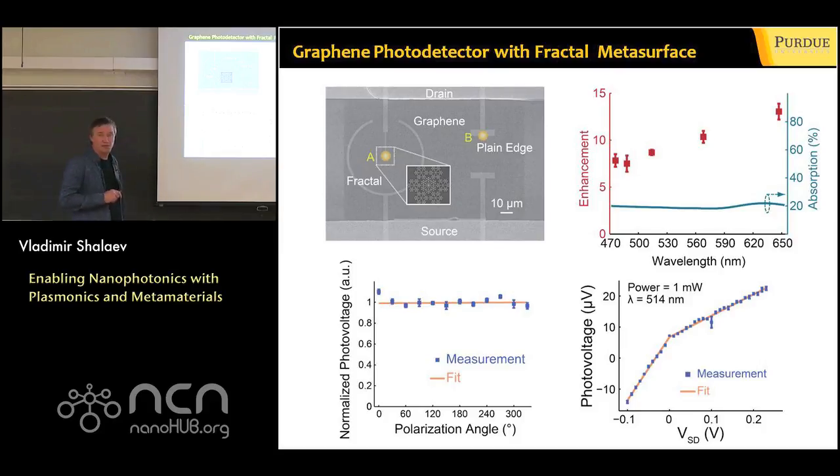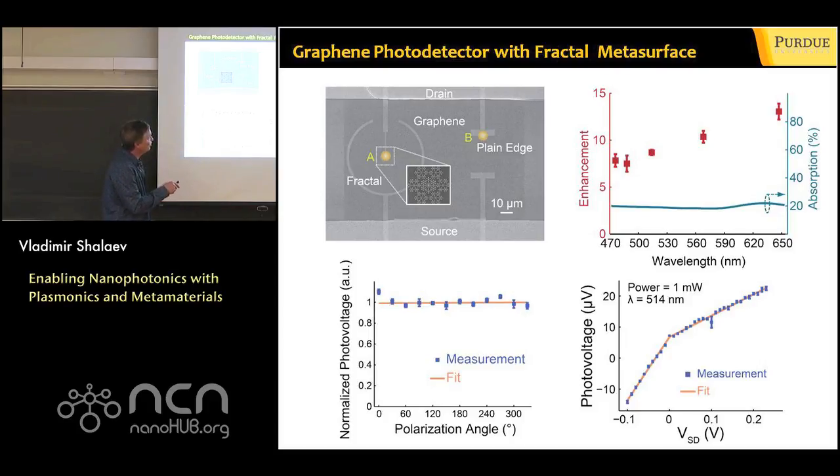This fractal structure was made out of gold. And because of interband transition, at shorter wavelengths there is some heating effect, and therefore enhancement is somewhat less. If there wouldn't be interband transition, that would be basically almost flat. And it almost doesn't depend on polarization angle, which is really good. So it provides this enhancement of roughly one order of magnitude in the broad spectral range.